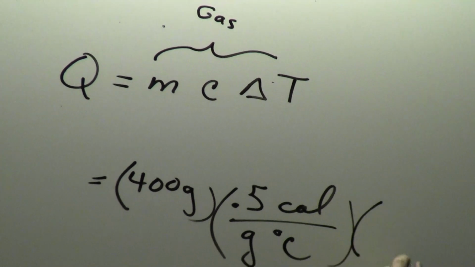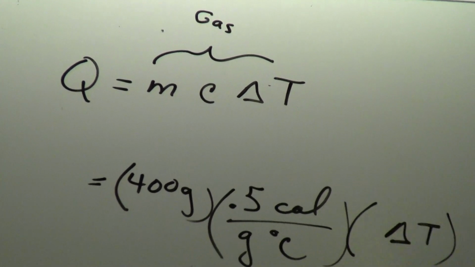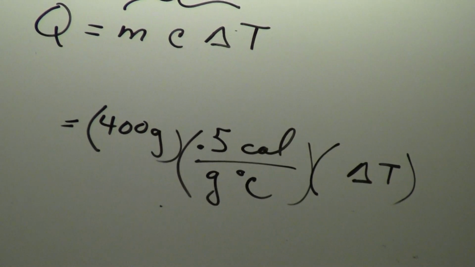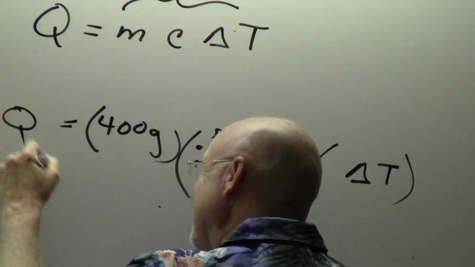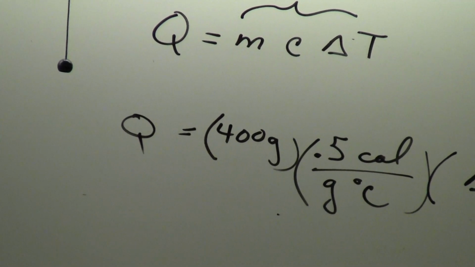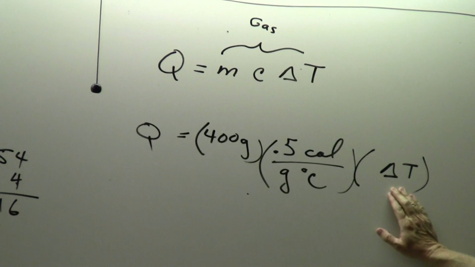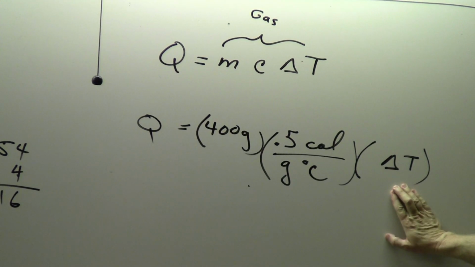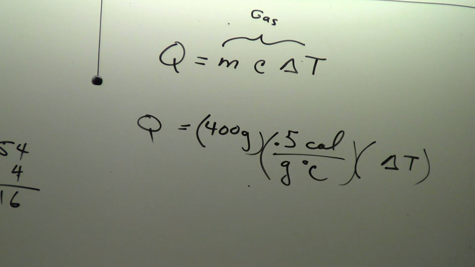And then we can warm it up some temperature, and I can't really catch it or warm it up. So I won't put a number there, but this would be then the additional energy as we warm up the gas. And so if we went from, say, 100 degrees Celsius to 200 degrees Celsius, I would have to put 100 in here. And then multiply all this out and then figure out how much it would take to warm this up.